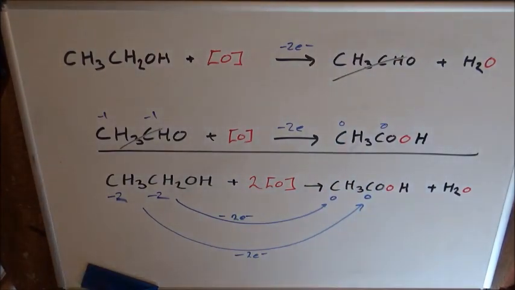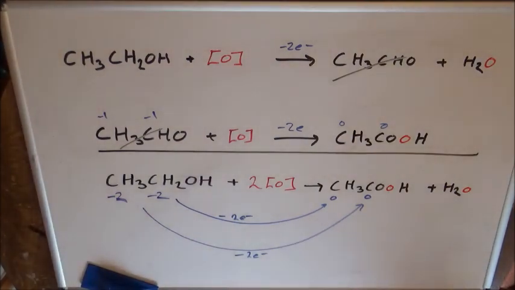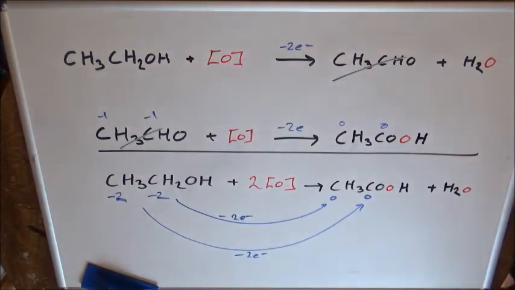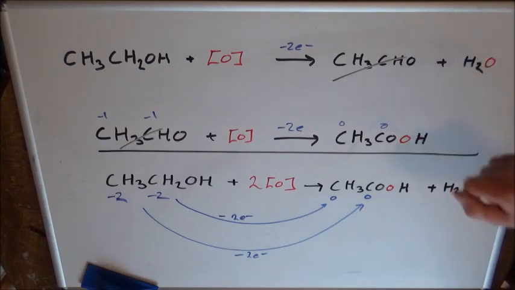Okay, so just watch that when you're writing these equations. Make sure you understand whether you're asked to write the equation for the primary alcohol just to the aldehyde or all the way to the carboxylic acid, and remember that you only produce a water molecule when it's the former, and you'll be fine.